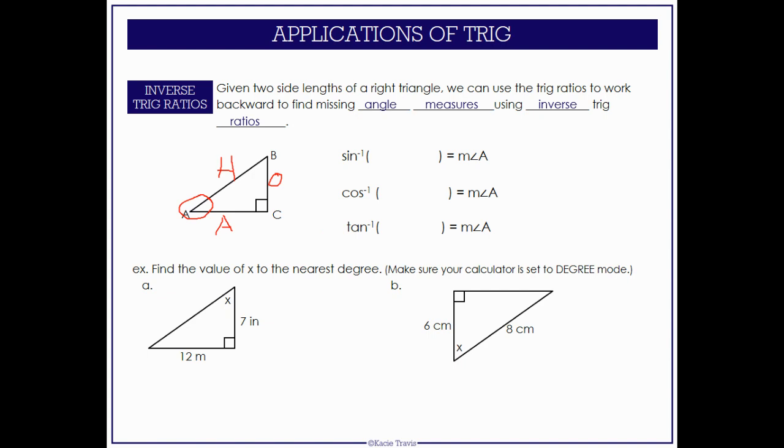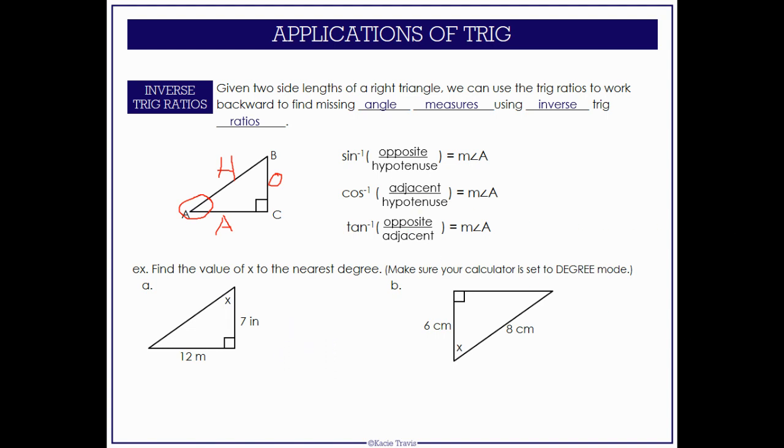So, with these things in mind, let's go through and talk about it. Sine of -1, or the inverse sine, is you putting the opposite over hypotenuse in this function, and that'll help you find out what angle A is. Since all these end up with angle A, essentially we are taking the sides that we had from the original trig function and plugging those inside of the parentheses for this.